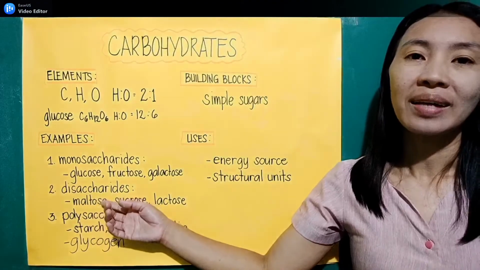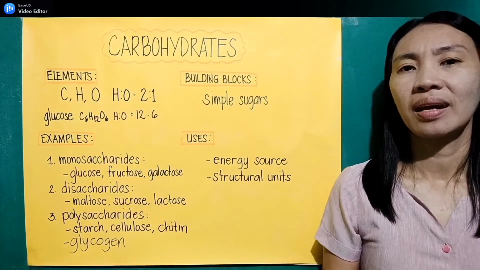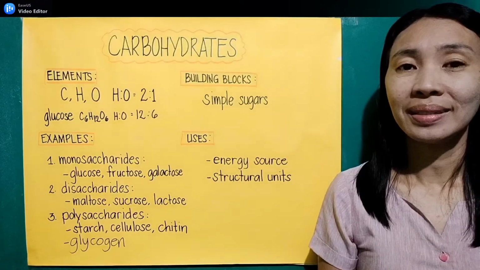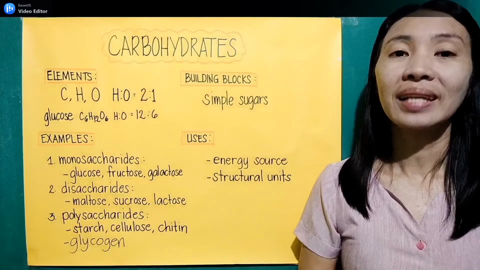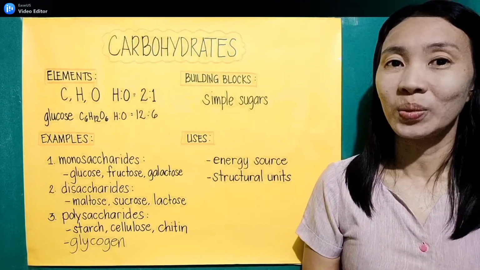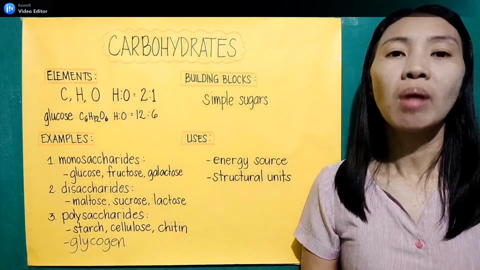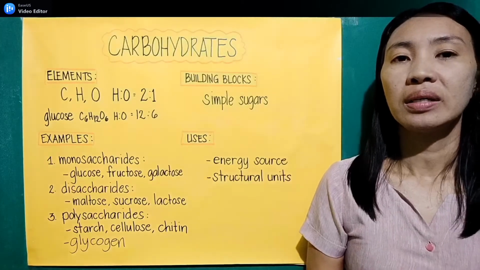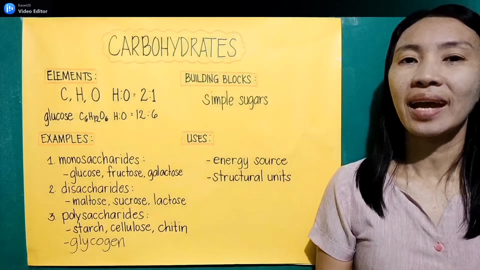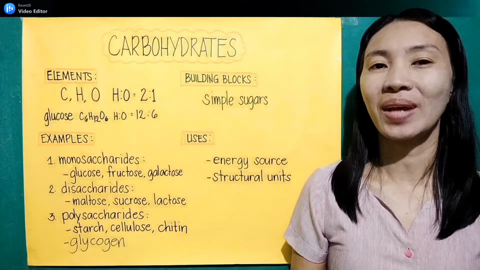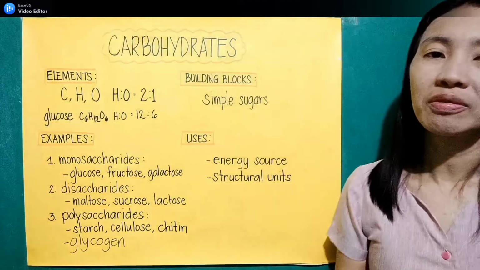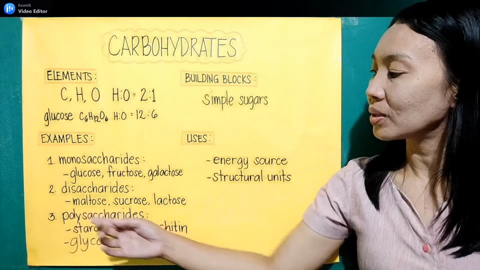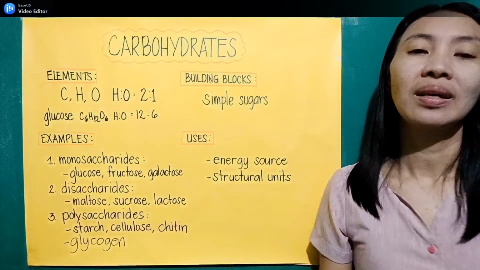The second class are the disaccharides. Can you think of what di means? In this case, di means 2. If we put 2 monosaccharides together, in a simple reaction, we'll get a disaccharide or two simple sugars put together. Common examples of disaccharides are maltose, sucrose, and lactose.